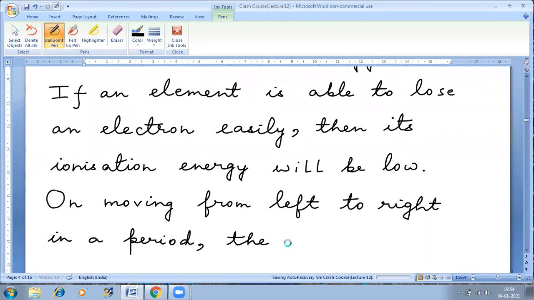The metallic character decreases, as we just learned. If the metallic character is decreasing, it will be difficult for the element to lose an electron, because metals are very good at losing electrons. That means I have to supply a lot of energy in order to take out one electron. That means the ionization energy will be high.